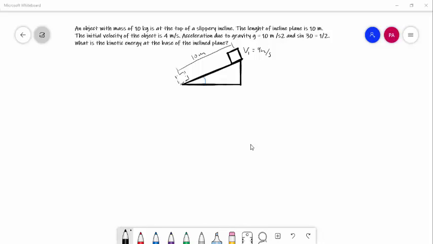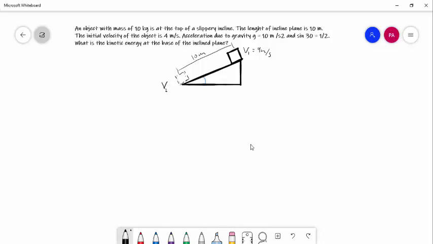To know the kinetic energy, we need to know the velocity at the bottom of the inclined plane. We can write it as velocity 2. We also know the angle, gravity, and the mass of the object.